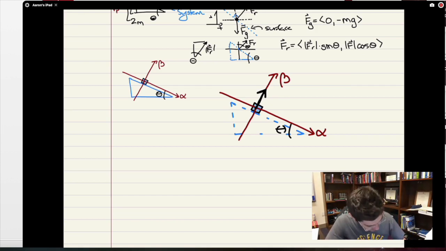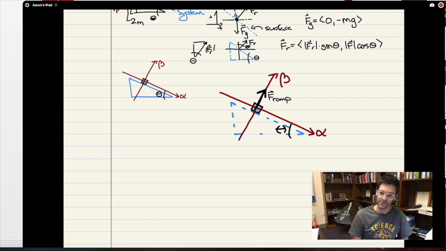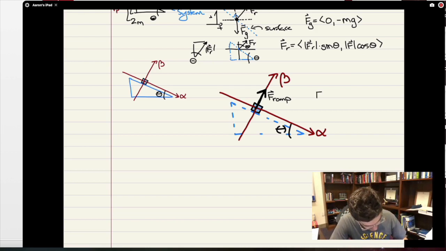The way we've drawn this now, the force from the ramp points entirely along what I'm calling the beta direction, the direction off and into the ramp. So that's nice, because then if I write F ramp in this coordinate system, I might write this as 0, n.